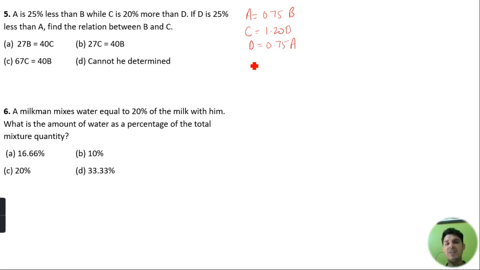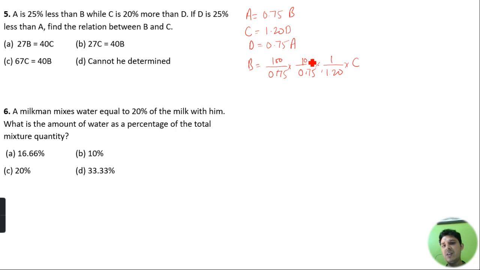So students, we can take this question as B is equal to 1 by 0.75 multiplied by A, and if we put the value of A, this will be 1 divided by 0.75 multiplied by D, and if we put the value of D, this will be 1 divided by 1.20 multiplied by C. So students, in this way we can solve this question.